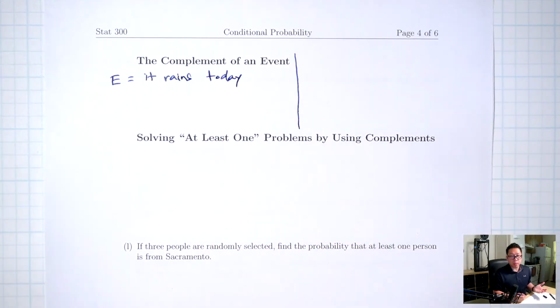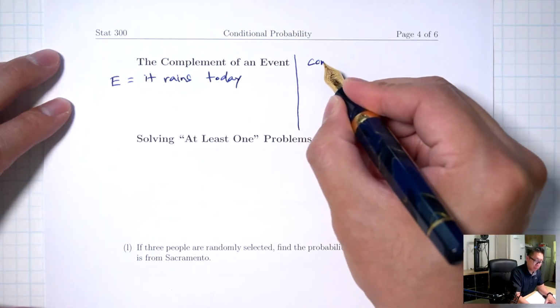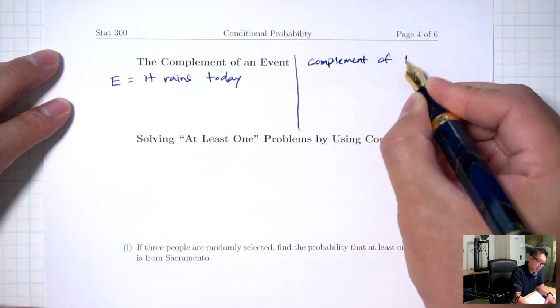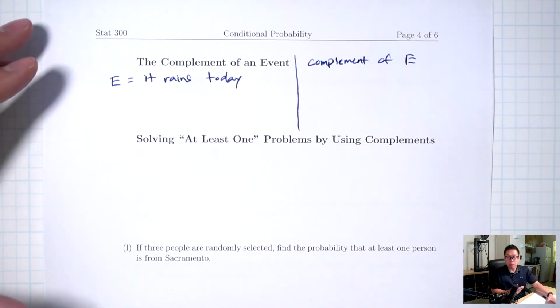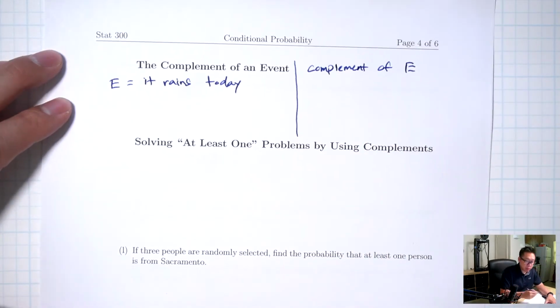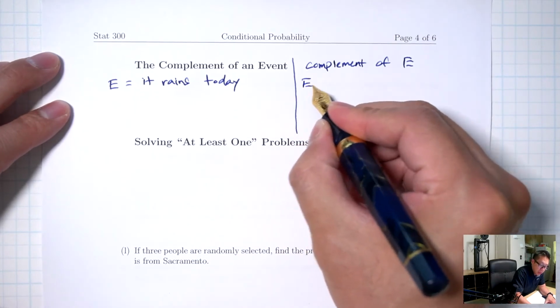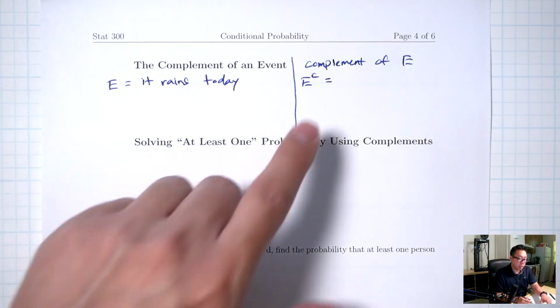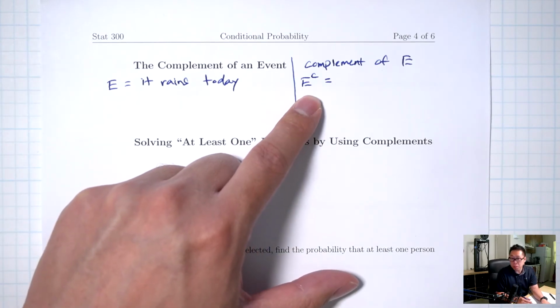What would be the complement of E? The symbol for complement is the same one we use for sets. It's going to be E with a superscript of C. If E means it rains today, then E complement means it does not rain today.